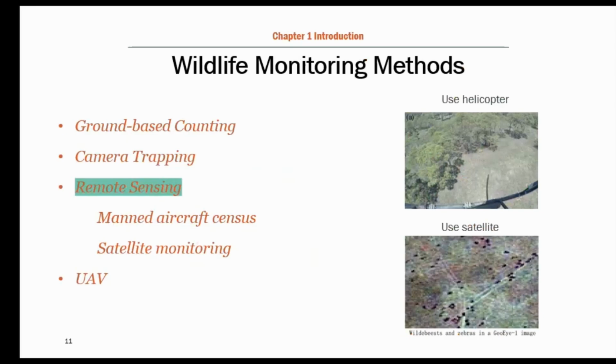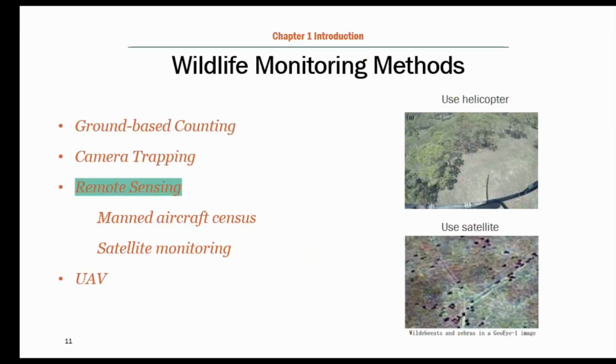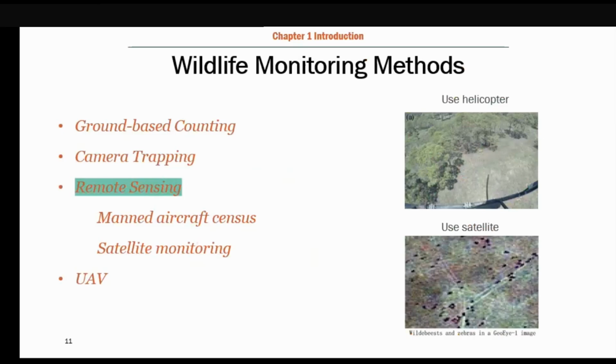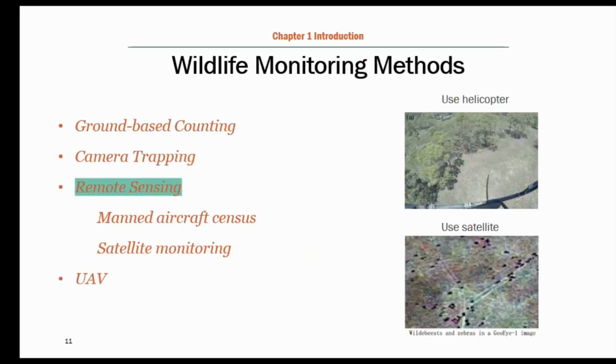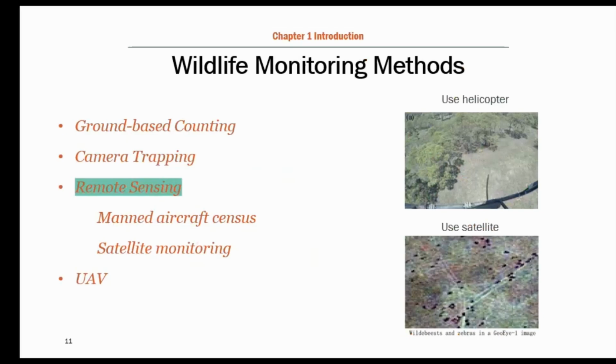However, the resolution of remote sensing images is usually lower than the images captured by camera trapping, which makes it difficult to monitor small-sized animals. And additionally, the cost of renting a helicopter or satellite to monitor wild animals is very expensive, which may be prohibitive for many research teams.